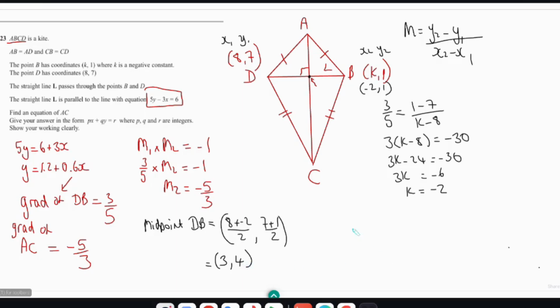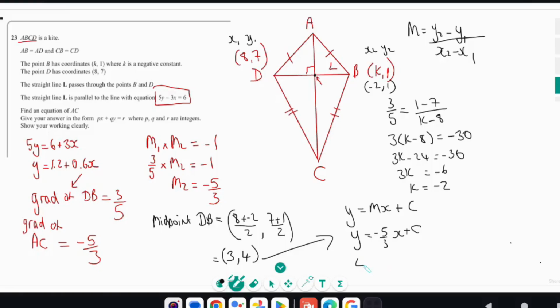Okay, now let's tie all this together. The equation of AC is in the form y equals mx plus c. We know the gradient. We know a point on the line, the midpoint, so we can use this to sub in here to find our value for c.